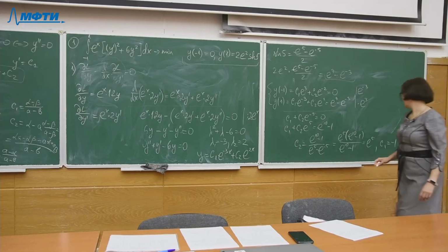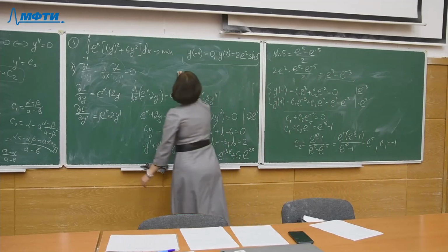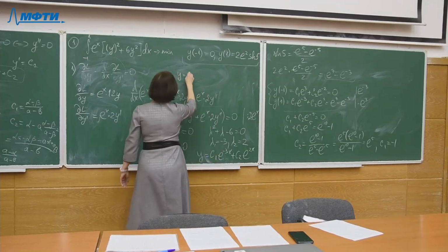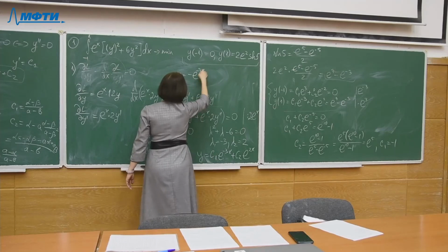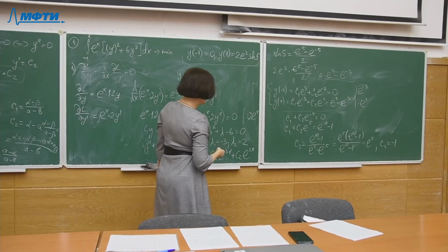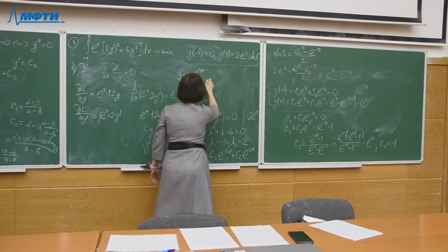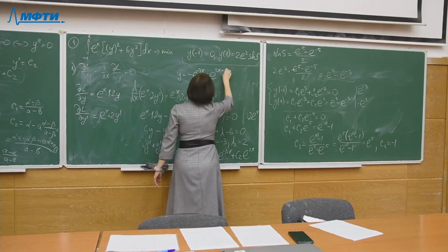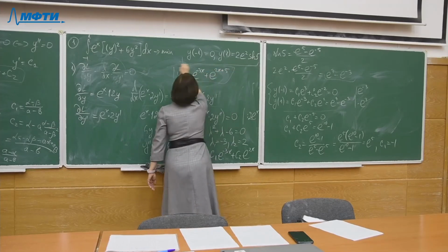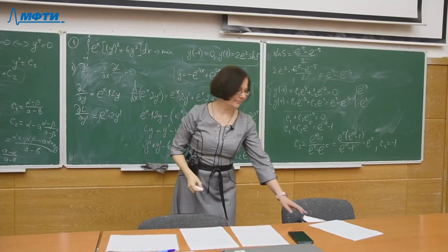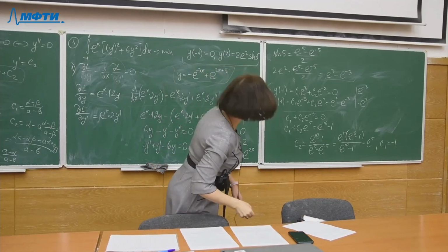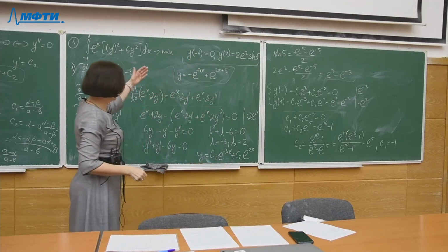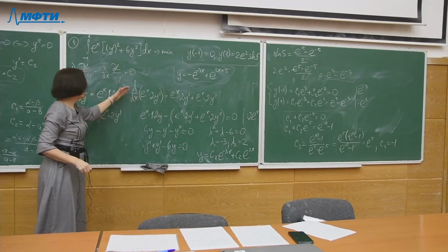So our function is the following: y equals minus e to -3x plus c2 e to 2x. Well, this is the answer to the Lagrange equations.